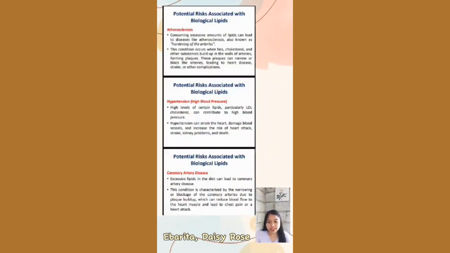So, potential risk associated with biological lipids. These are the illnesses or diseases that many people suffer from. We have atherosclerosis. Consuming excessive amounts of lipids can lead to diseases like atherosclerosis, also known as hardening of the arteries.